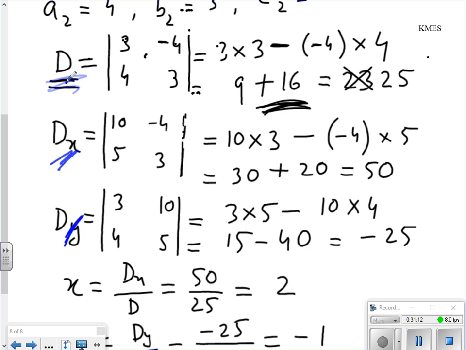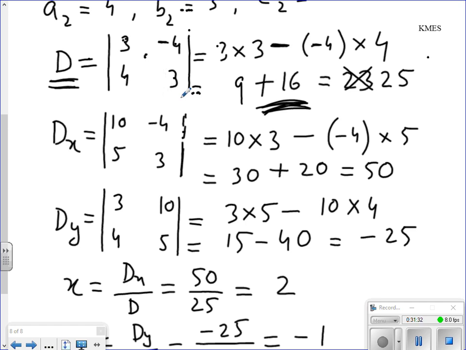Determinant d is a1, b1, a2, b2, which is 3, minus 4 and 4, 3.